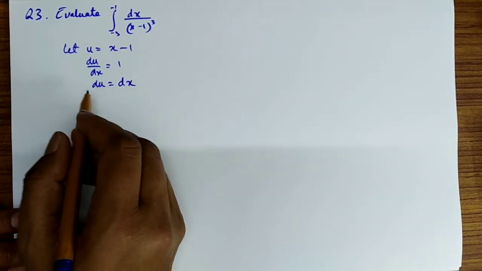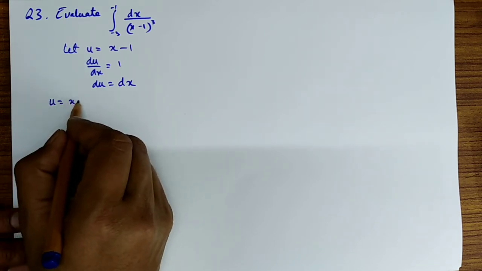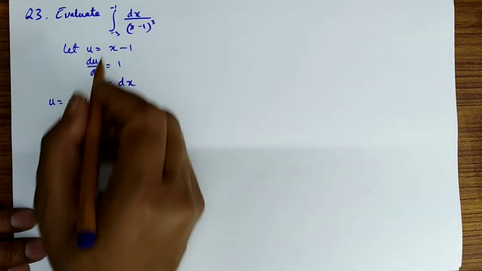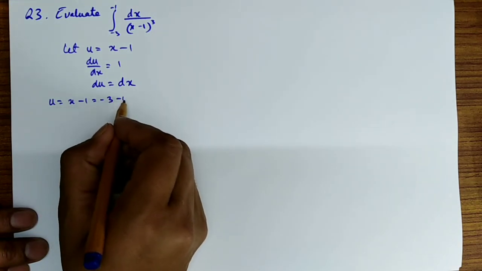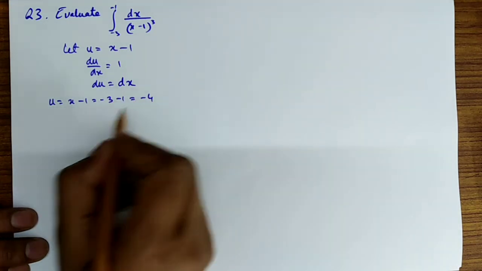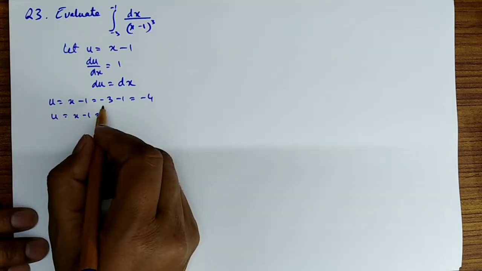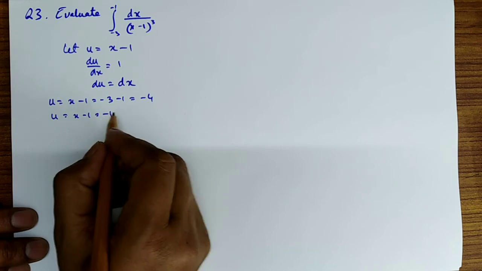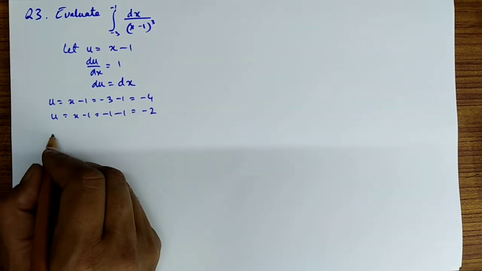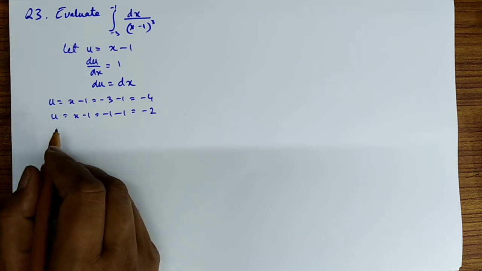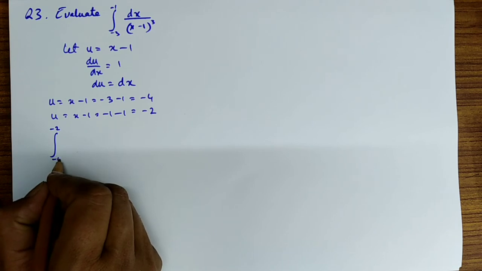Now change the limits. u equals x minus 1, the lower limit, in place of x just put the value minus 3 minus 1, that gives you minus 4, and the upper limit, x minus 1, put the value of minus 1 in place of x, and that will give you minus 2. Now putting the values, the new form of the question will be, minus 2 is the upper limit, minus 4 is the lower limit.